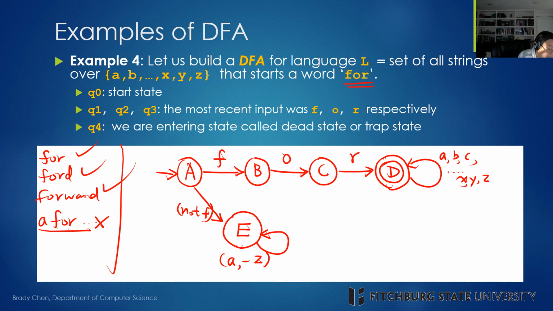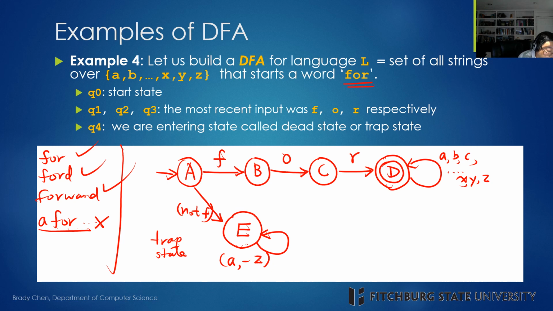So that is the trap state, right? Because once we reach E, that means the starting character is not F. Now once we reach B, so the first character is F, that's good.